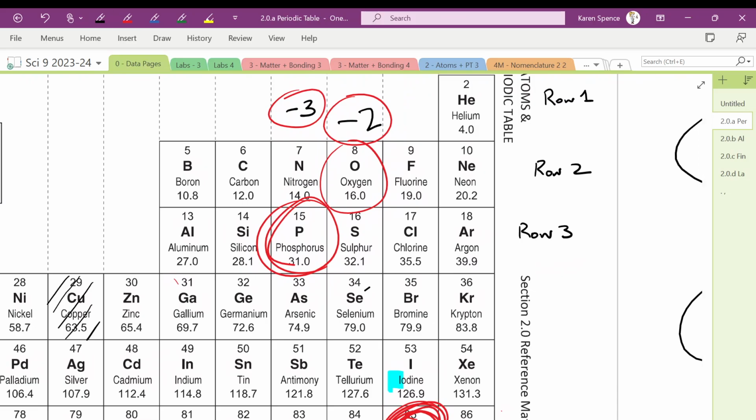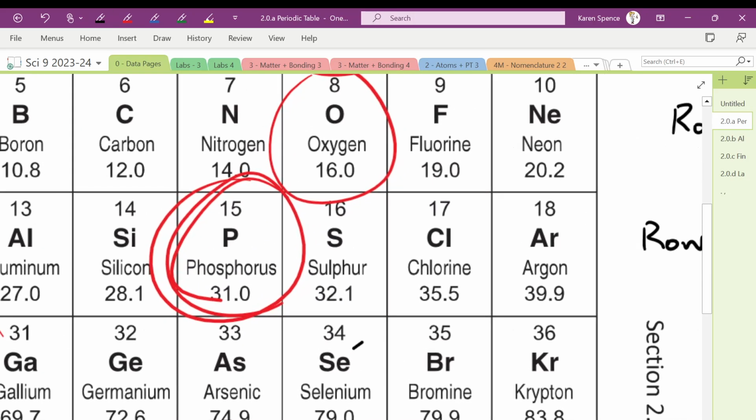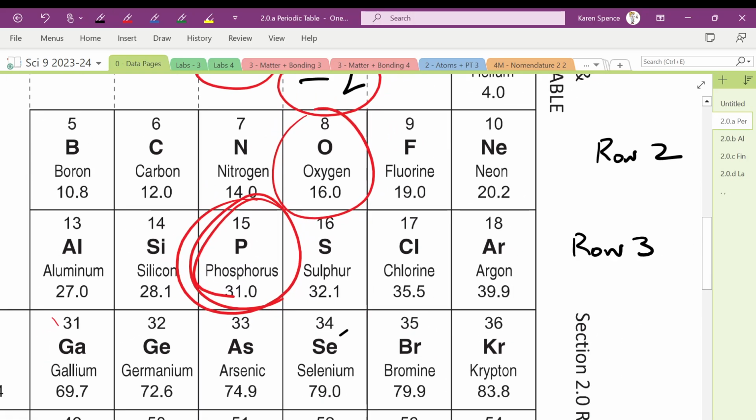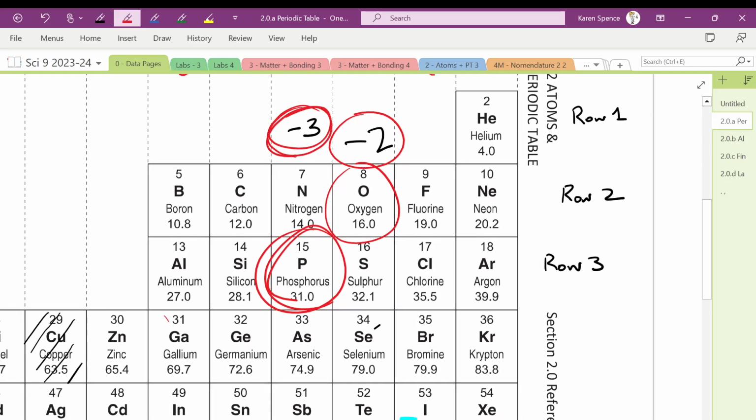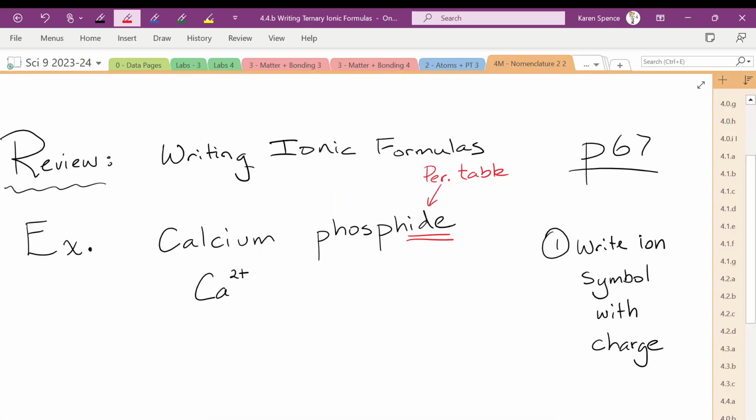Oh, look, it must be phosphorus. Okay, so that becomes phosphide, and it is in the column that has a -3 charge. So it's going to be a P3 minus. So we go back here, and we say phosphide is P3 minus.